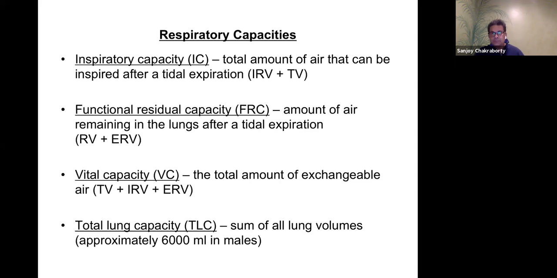Some people have asthma, some people have emphysema, all these respiratory diseases. If you don't have those, you are going to breathe out 80% or more of the air in the first second.